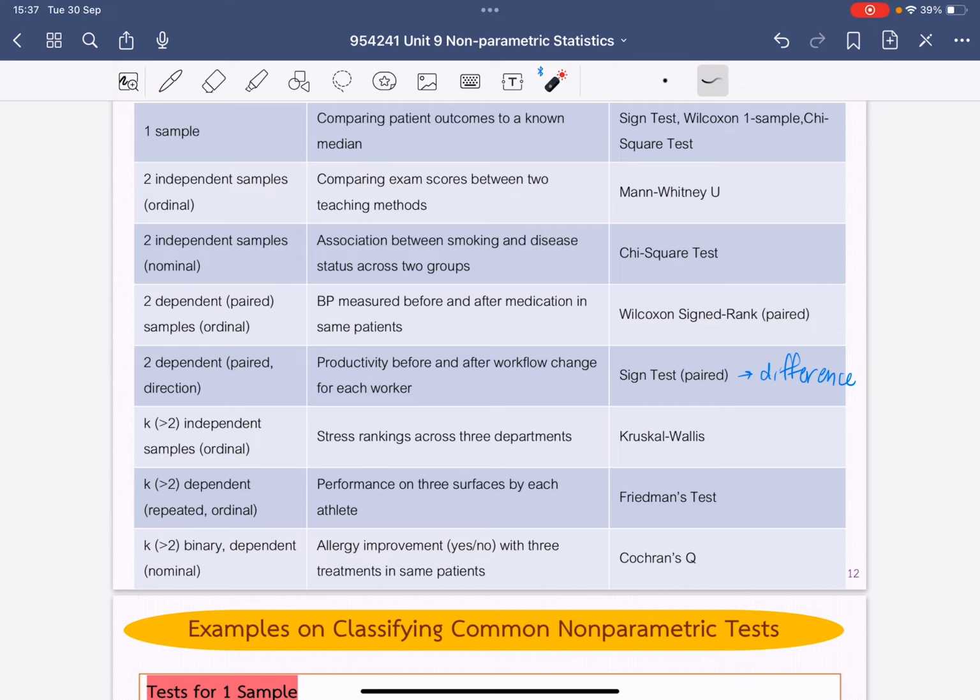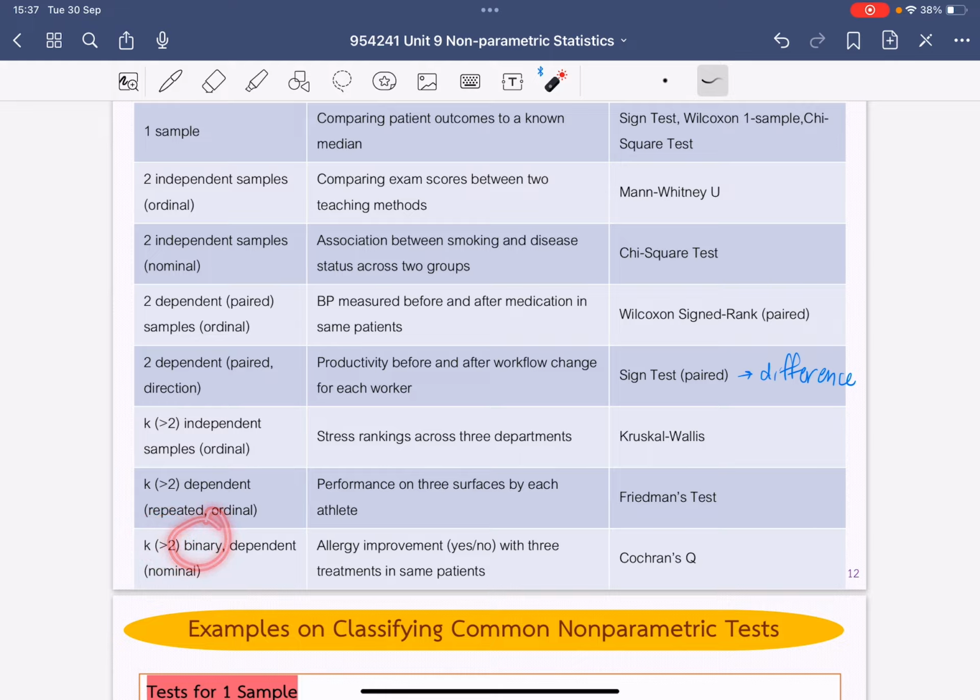And for more than two samples, we have independent, dependent, and binary. So the tests are like these three tests, and you can read more in detail here. Binary means we have either yes or no as the answer, like allergy improvement, improved or not, with 3 treatments in the sample. 3 treatments mean you have 3 groups, so more than 2.